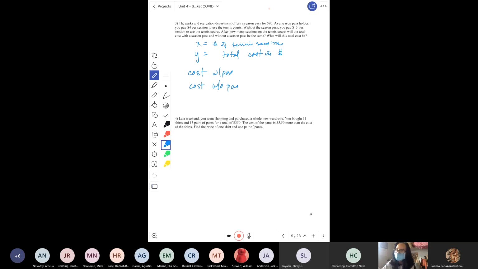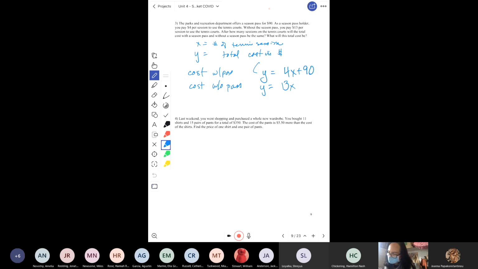So can somebody tell me what the equation would be for the cost with the pass? The cost Y would be what? Beautiful. And without the pass? Excellent. So you would solve that system. Okay? So what will the cost be and how much?